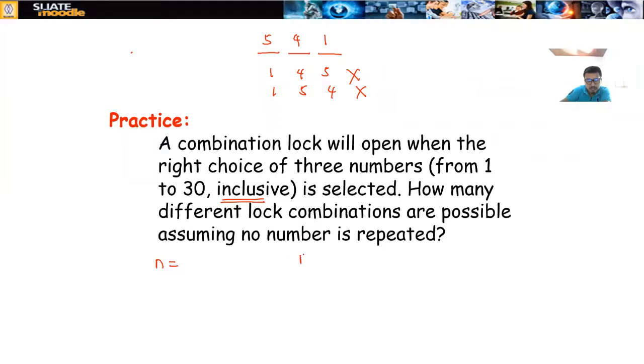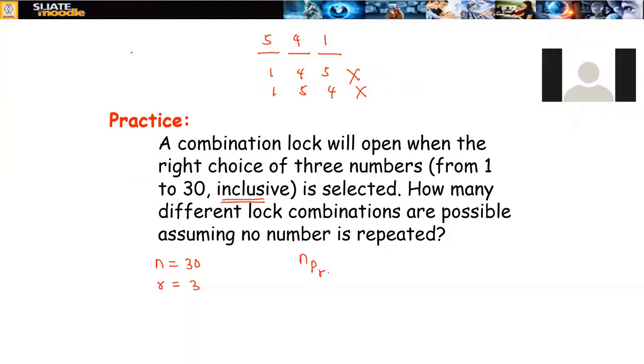We need to use nPr. The value of n is 30. Out of this 30, how many numbers are we going to arrange? The value of r is 3. So nPr is 30P3.